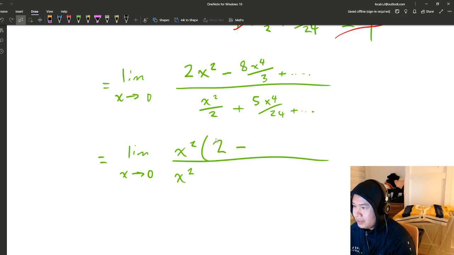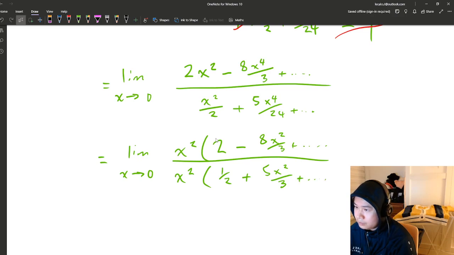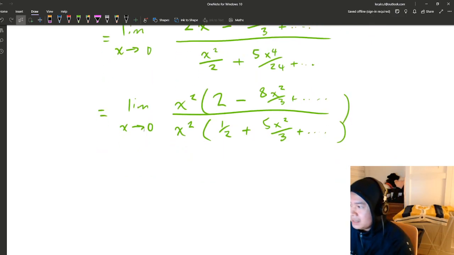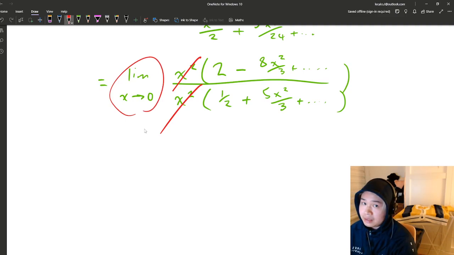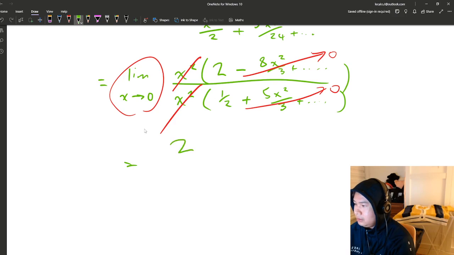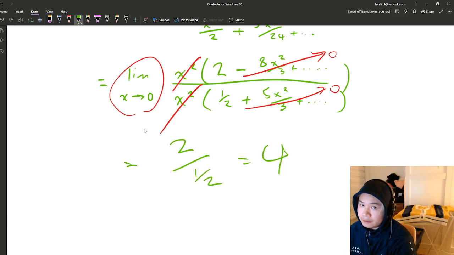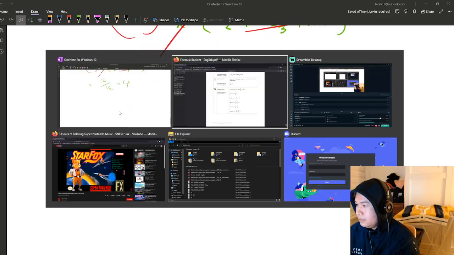Because then what you're left with is this. And then now these x's can cancel, and then when you evaluate the limit, all of these terms which still have x's in them are going to become 0 and go away. So your limit is going to be 2 divided by 1/2, which is 4. Okay. That's a nice question.